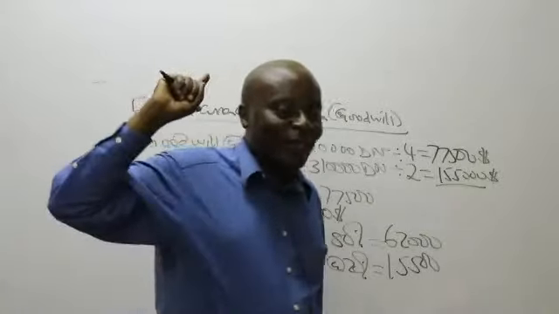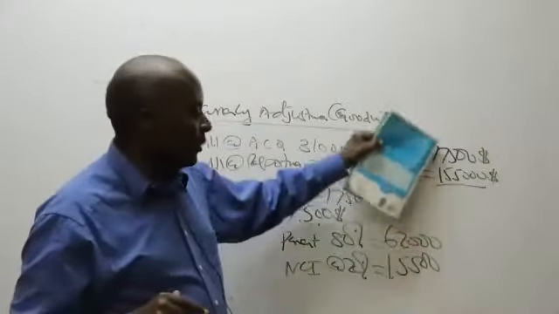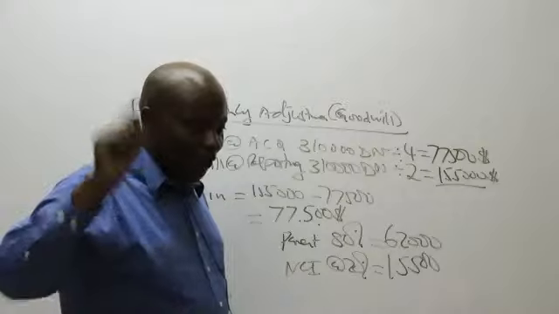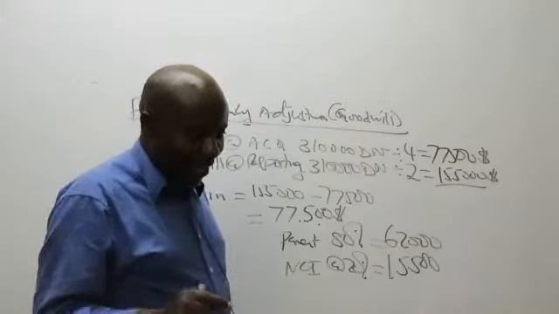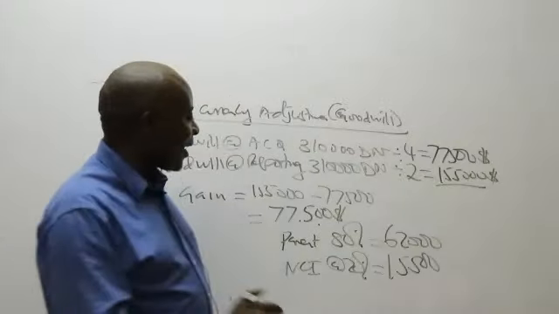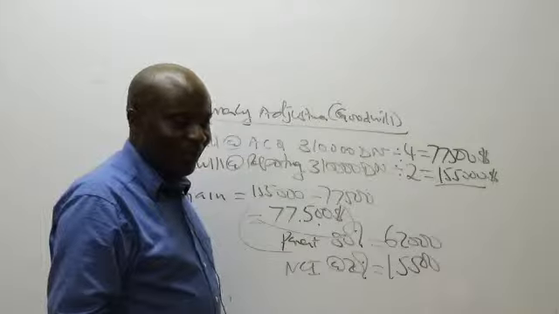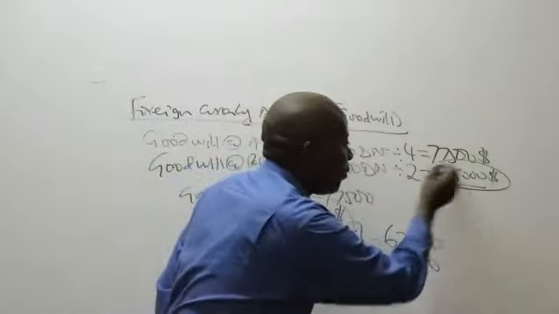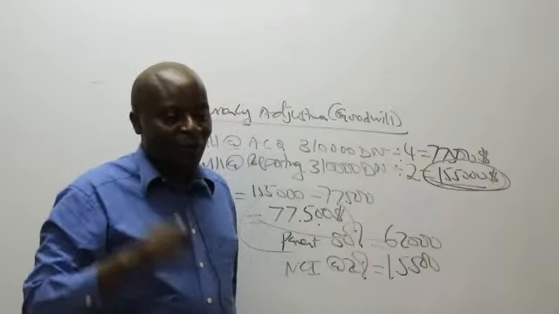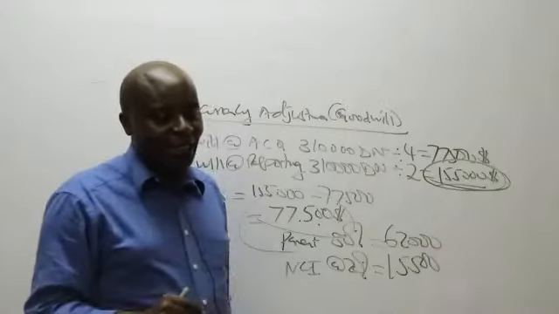What figure of goodwill should you take there? It has to be in terms of dollars. I want us to put a figure there. 62,000. No. This is an income statement thing. It is here. Goodwill at reporting, $155,000. Thank you very much.